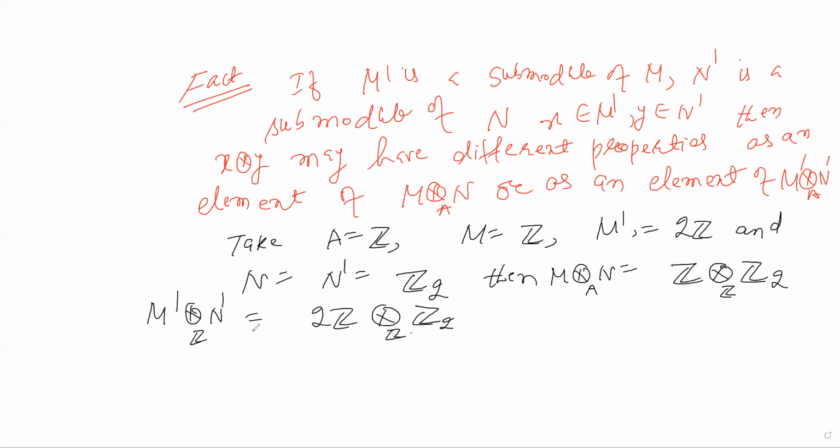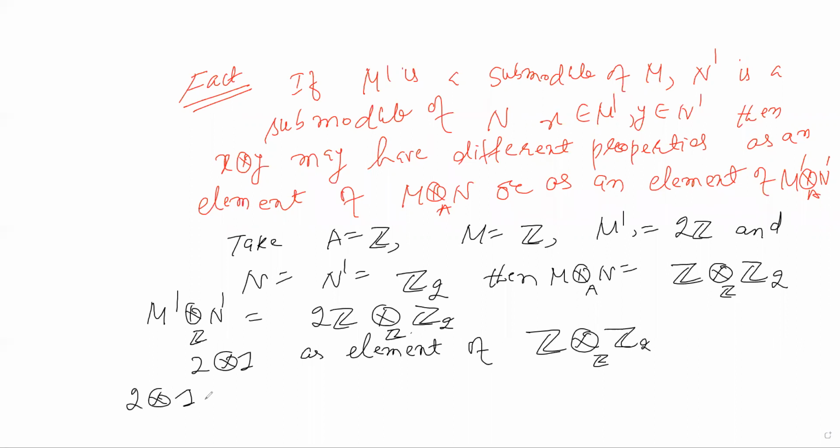And if you take 2 tensor 1 as an element of Z tensor product Z2 over Z, then you can write this 2 tensor 1 as 1 plus 1 tensor 1, and then you can put it as 1 times 1 tensor 1 plus 1 times 1 tensor 1.